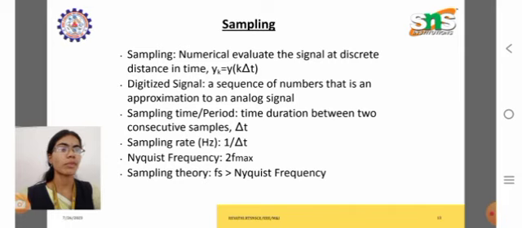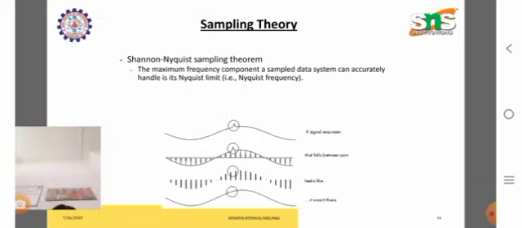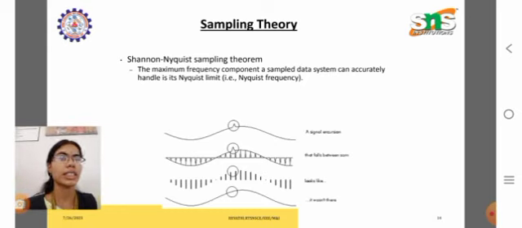Time duration between two consecutive samples. Sample rate, Nyquist equations, sampling theory. These are the basic elements of a sampling system. Sampling theory. Nyquist sampling theorem. The maximum frequency component a sampled data system can accurately handle is the Nyquist limit.